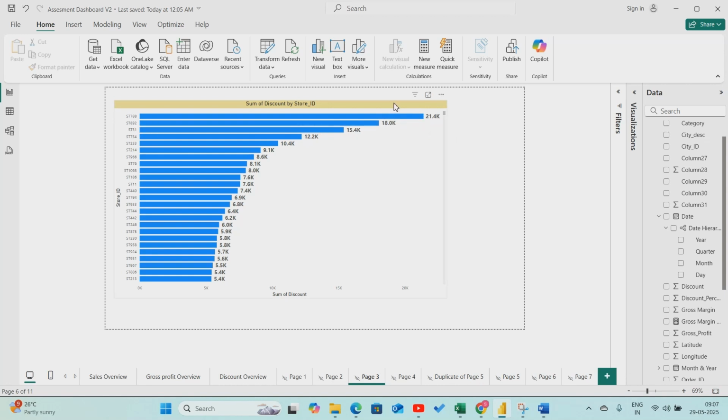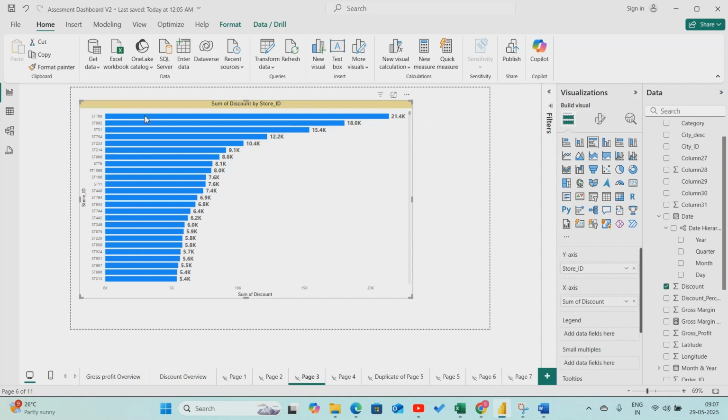Okay, so as we can see here, that ST788 offered a maximum discount of around $21,000. Now here, one of the reasons might be that for this particular store the sales might be higher, and that's why the discount numbers look on a higher side.